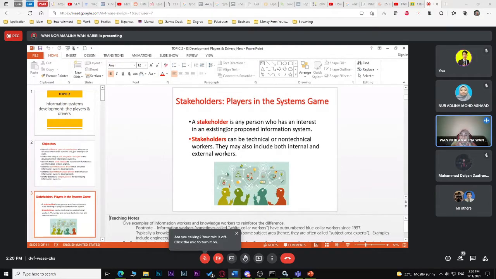There are several types of stakeholders that we will see in the definition later. They can be technical or non-technical workers. They may also include both internal and external workers. I believe that you understand what non-technical or technical workers means. On top of that, they can also be internal and external workers from the perspective of an organization.